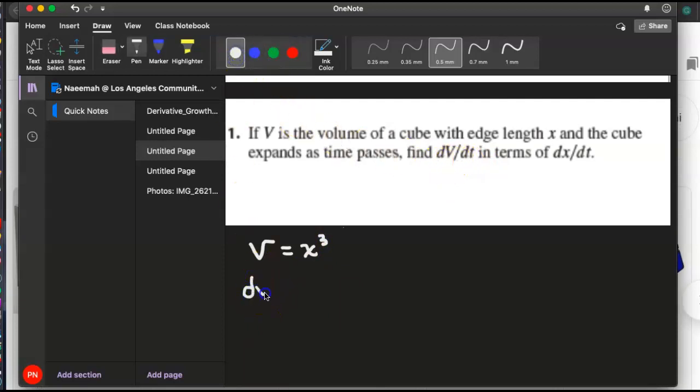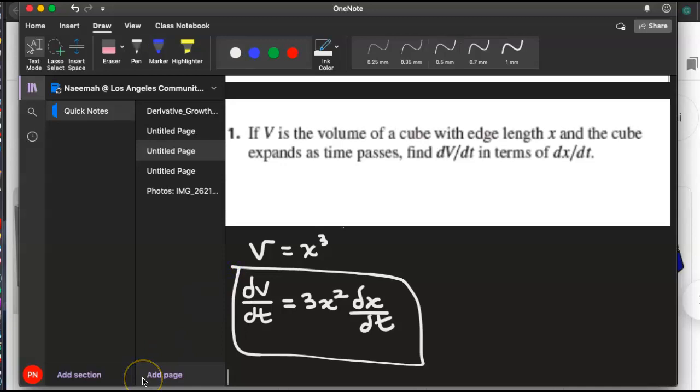So dV/dt is going to equal 3x squared, times dx over dt. And they're asking us to find dV/dt in terms of dx/dt, and that's what this here is going to represent.